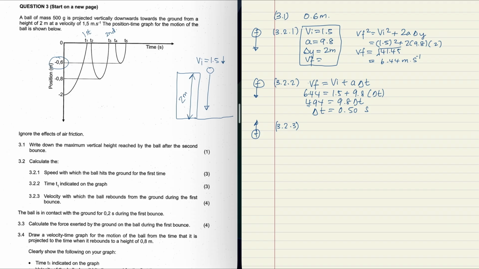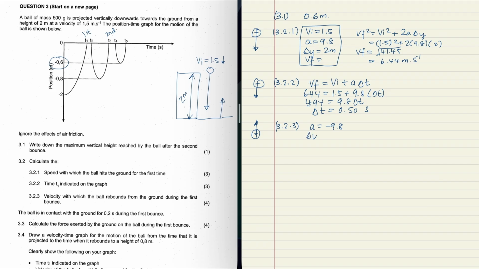Now, if I'm choosing up as positive, what are the quantities that I would know? So I know that the acceleration now will be minus 9.8. The ball is rebounding, it's traveling upward, so its displacement is going to be positive because I've chosen up as positive.